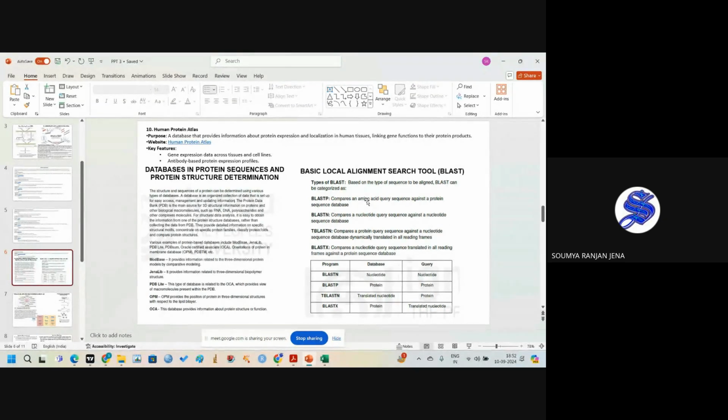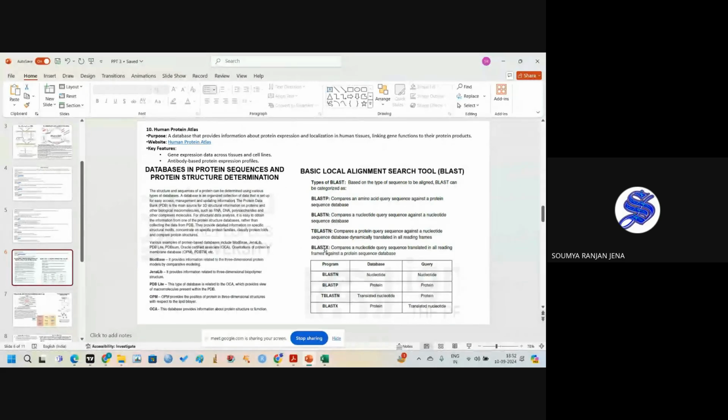You can check two different genes or nucleotide sequences by BLASTN. Then TBLASTN compares a protein query sequence against a nucleotide sequence. If you put in the protein or amino acid sequence, it will give rise to the nucleotide sequence.